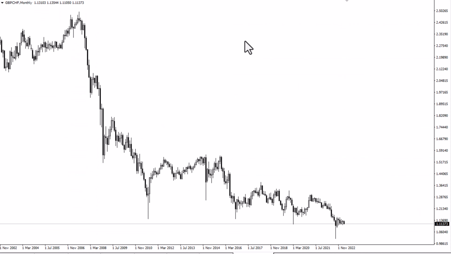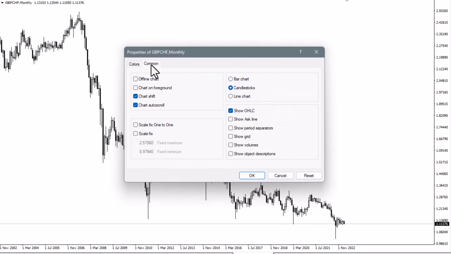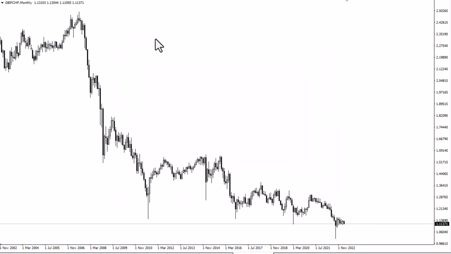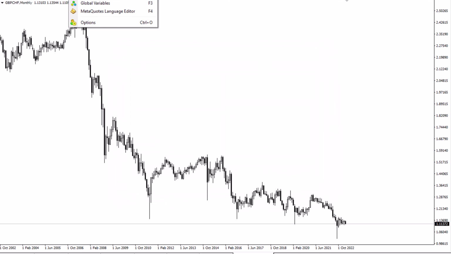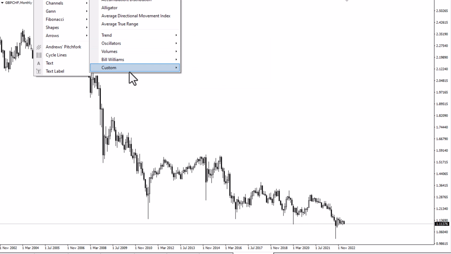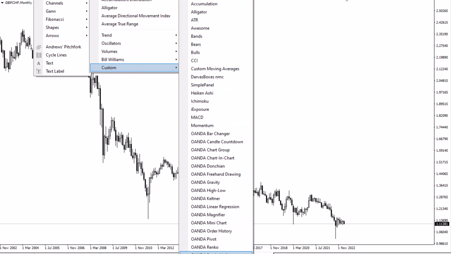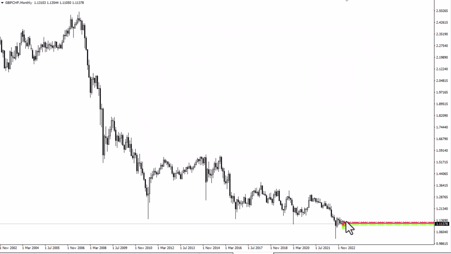Pound Swiss is pretty volatile. Depending on the broker, or I should say the indicator that you're using, some of these brokers will put these indicators in, some of them don't. This particular broker does, so I'm going to go ahead and put pivot in.